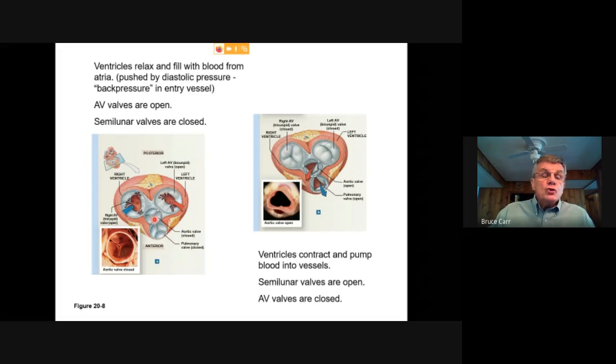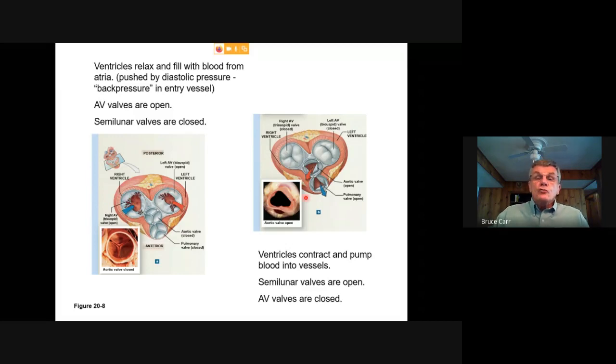So when you close the semilunar valve, it preserves that pressure in the pulmonary artery or in the aorta. By pushing on the back of the valve, you can see this closed aortic valve here as we're filling the heart on this left side.